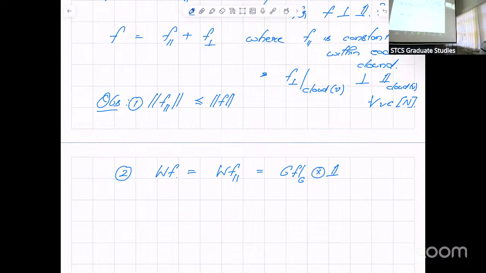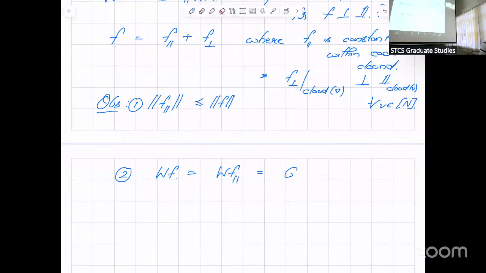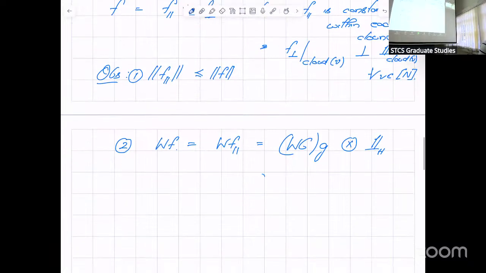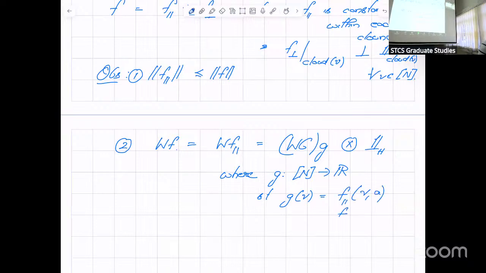This is exactly W_G times a vector, which I'm going to call g, tensored with the all ones vector on the cloud H. And g is a function on the vertices of the large graph to R, such that g of every v is exactly F parallel of v for any a.